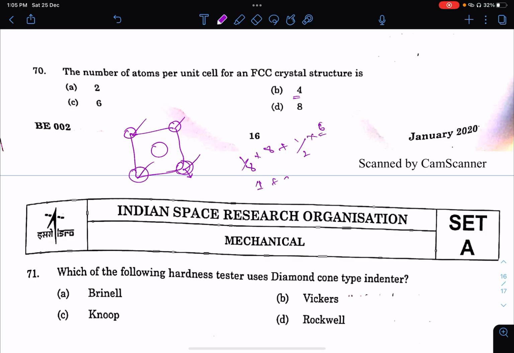So 1 plus 3 is equal to 4. So the correct answer is 4, because in each face there is one atom. Now one more cube will come here, so this atom will be shared by 2 cubes. So at the face it is divided by 2, and on the corner it is divided by 8.